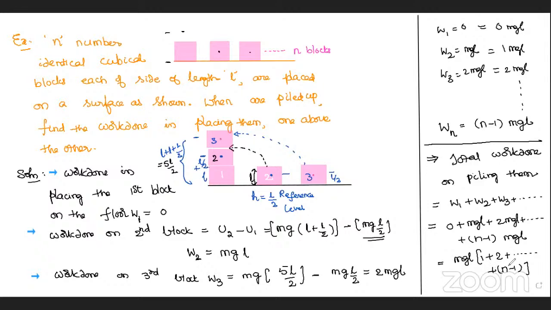N minus 1 numbers. You know the formula for the sum of n numbers, 1 plus 2 plus so on plus n, equals n into (n plus 1) by 2.